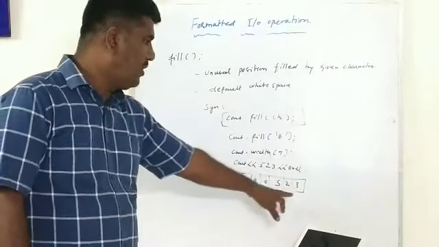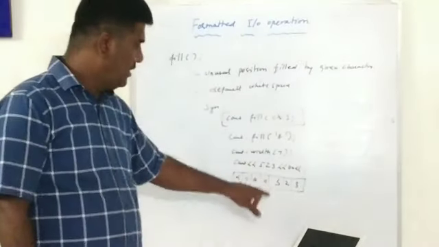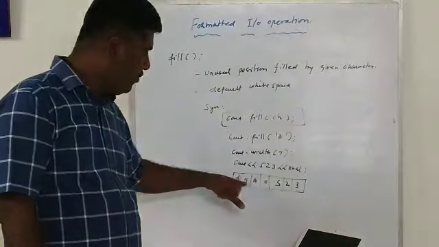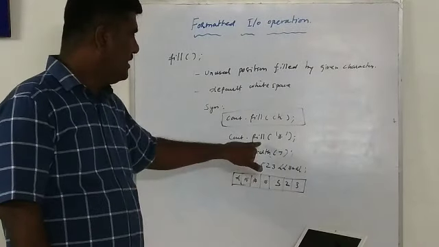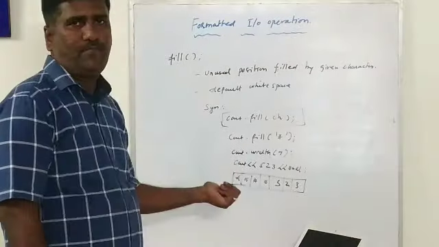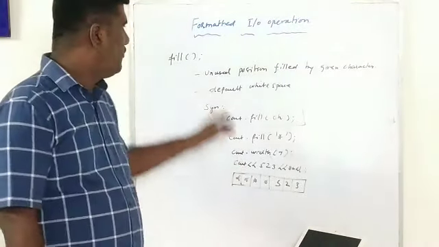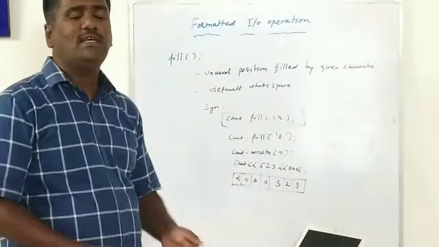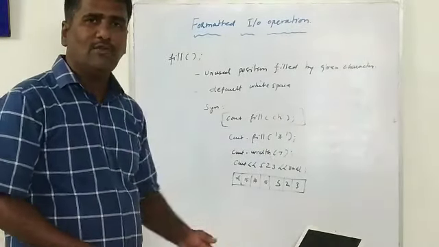The 3 digits occupy the actual value, and the remaining 4 positions are occupied by the filling character given by the user. For that purpose we are using the fill function. The fill function is also one of the formatted IO operations.